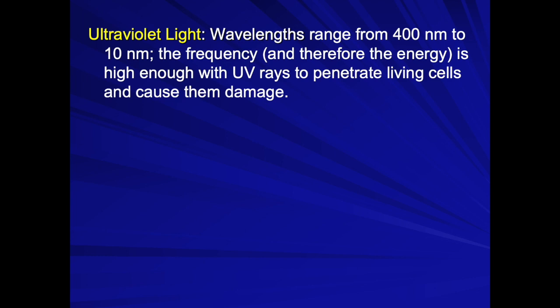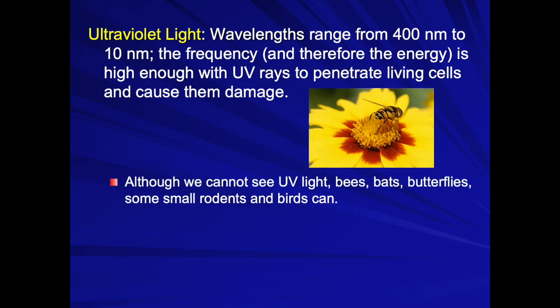Ultraviolet wavelengths range from about 400 nanometers to 10 nanometers. The frequency, and therefore the energy, is high enough with UV rays to penetrate living cells and cause damage. Too much UV can lead to sunburn and skin cancer.